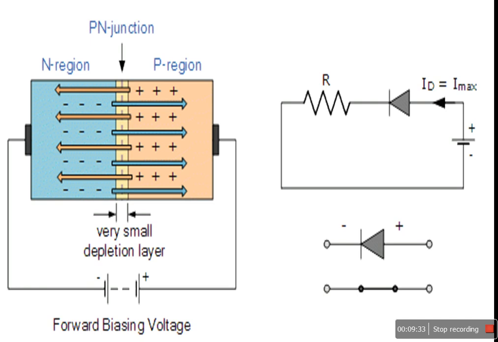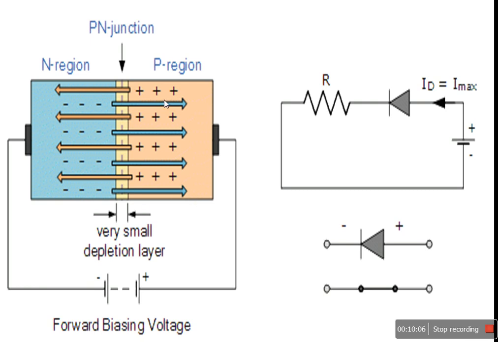Biasing refers to providing appropriate voltages and currents to an electronic device to operate it as desired. A PN junction can be biased in two ways, forward biasing and reverse biasing.